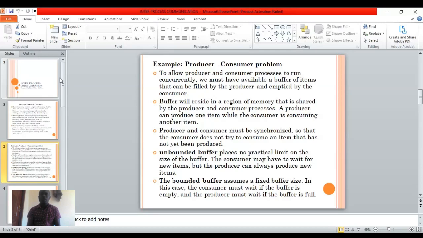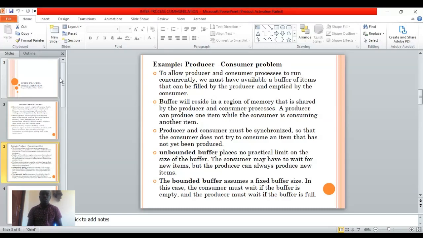So we have a buffer of items so that a producer process can fill that buffer with items, and a consumer can empty the buffer items. A buffer in this case is a region within the memory that is shared by the producer and the consumer processes.